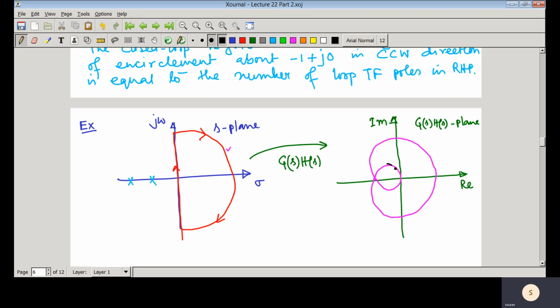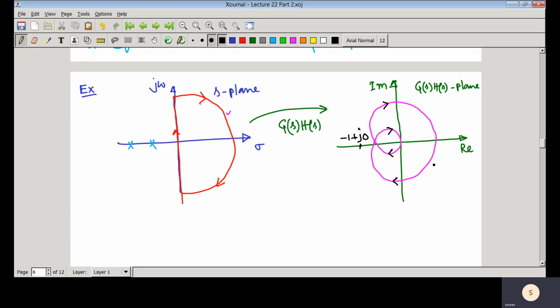So the direction is suppose this one. And this is that critical point, -1 plus j0. So now the question is, if we have one G(s)H(s), and the Nyquist contour is this one, this is called that Nyquist plot, because in G(s)H(s), the mapping of that Nyquist contour is called that Nyquist plot, which is symmetric about that real axis.